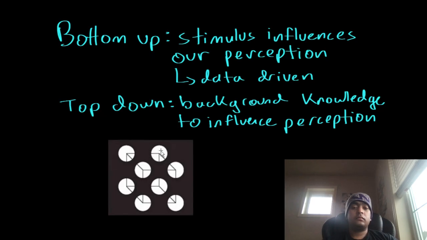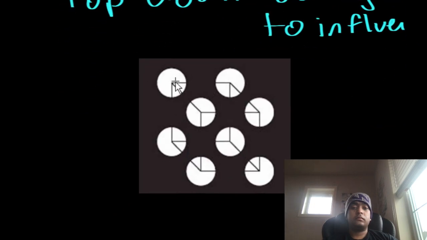So what we're actually seeing are a bunch of circles. They're just a bunch of circles, and then inside the circle there are a couple of lines drawn. So we're looking at this set of white circles with lines drawn inside of them. We're creating this cube. We're basically taking these lines and putting them together in order to create a cube.